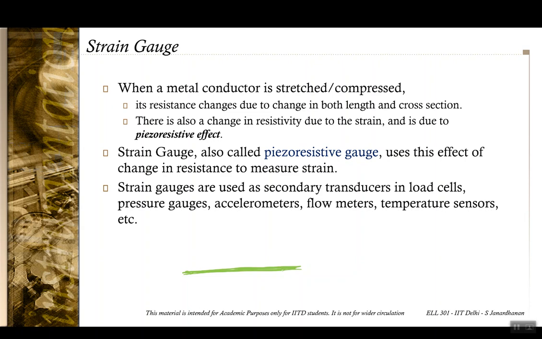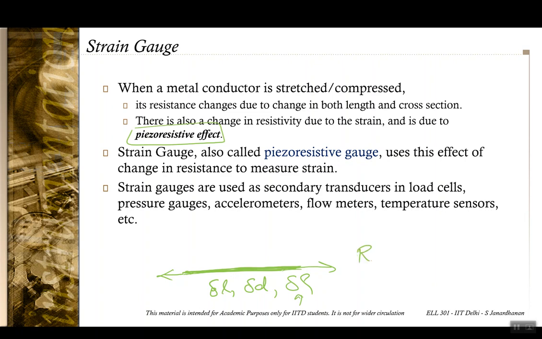When it is stretched, its length changes, its cross-sectional dimension changes, so delta D is happening, and the resistivity can also change. The resistivity change is called the piezoresistive effect.